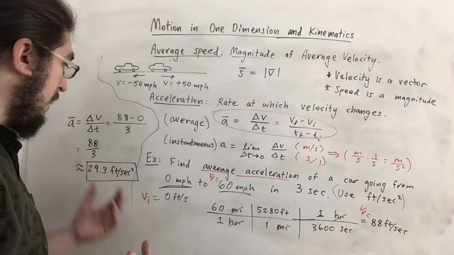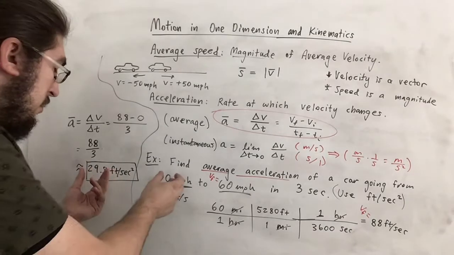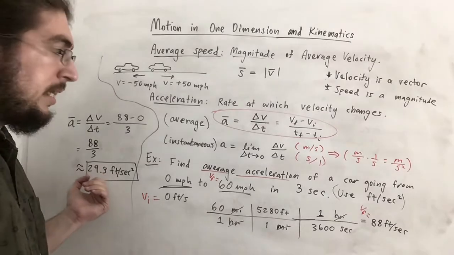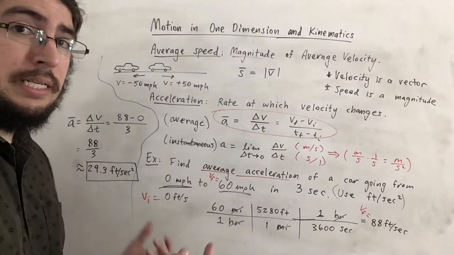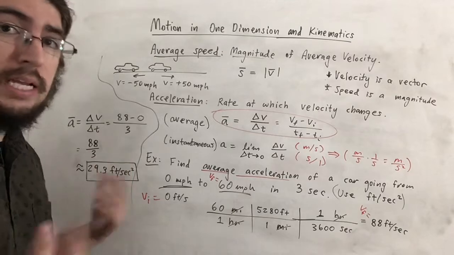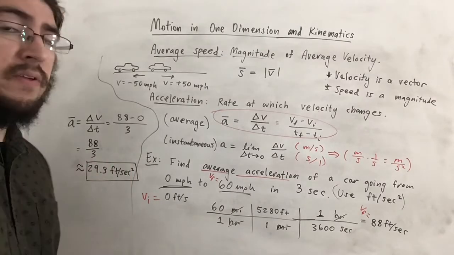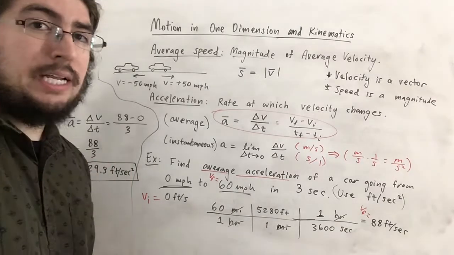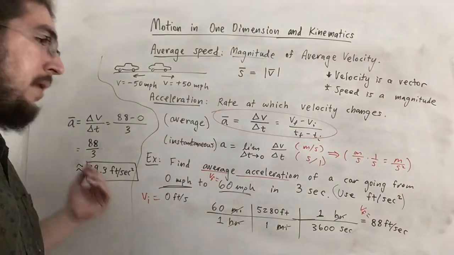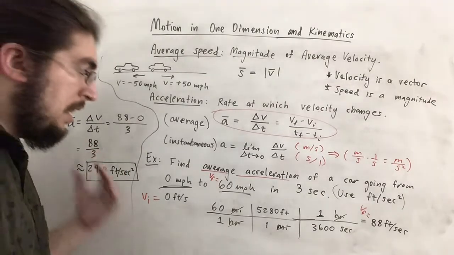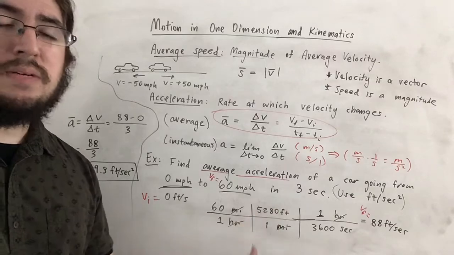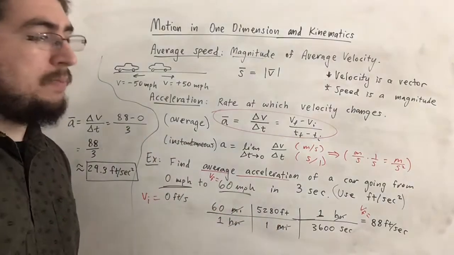So after 1 second, it increases from 0 to 29.3 feet per second. After another second passes, the velocity will increase by another 29.3 feet per second. And after a third second passes, it'll finally increase by another 29.3 feet per second. And in total, it'll have 88 feet per second, which is equivalent to 60 miles per hour.